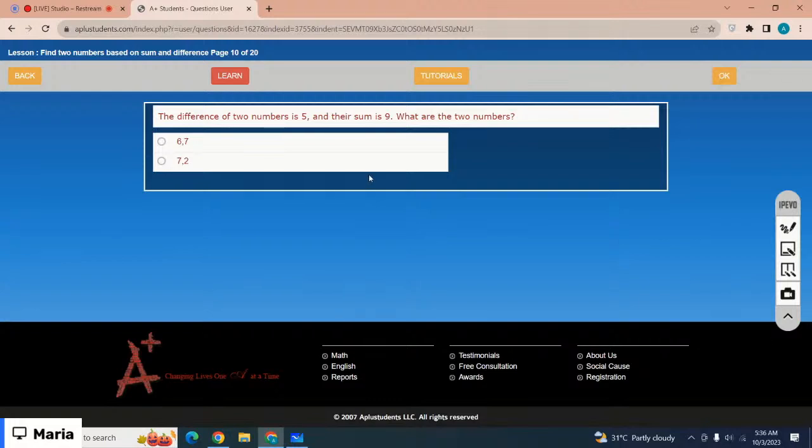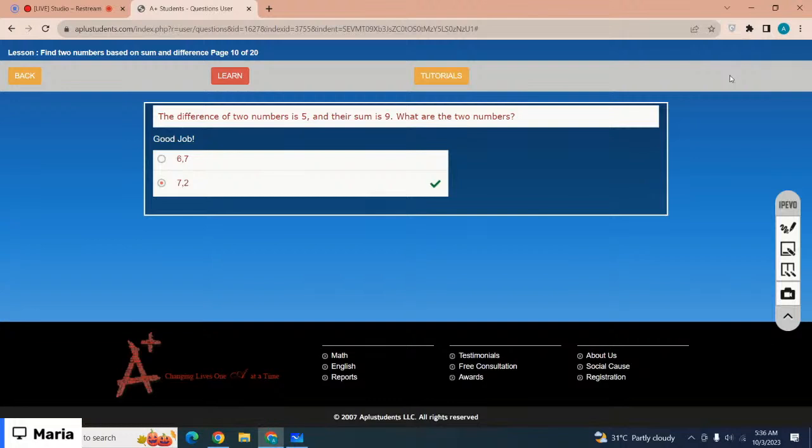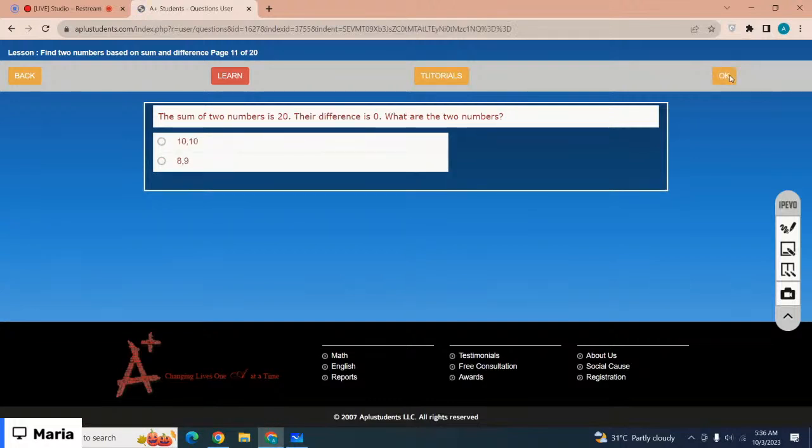Yes, they are 7 and 2. Okay, the sum of two numbers is 20. The difference is 0. What are the two numbers? Yes, they are 10 and 10, right?